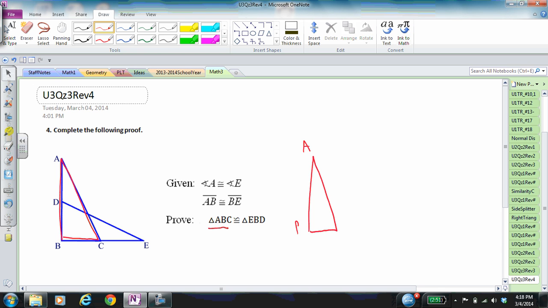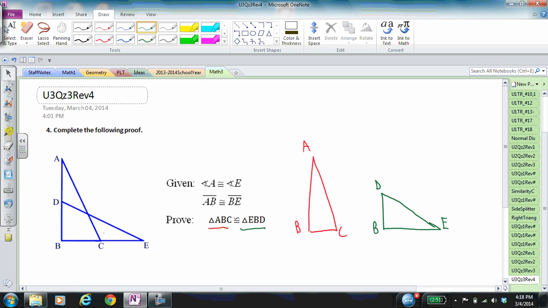Triangle ABC. And we also have triangle EBD. So let me redraw that one. And these drawings are not to scale. They're actually not very good at all, but it's helping me visualize it.